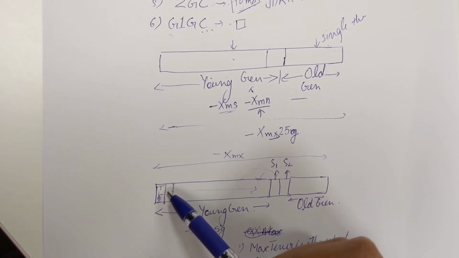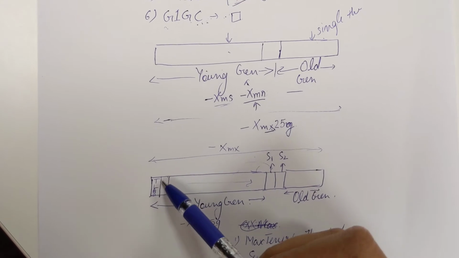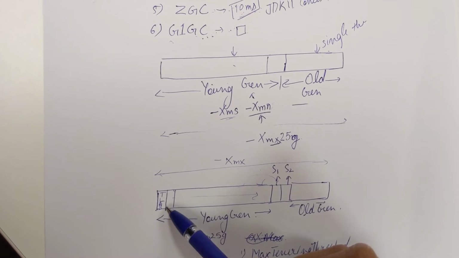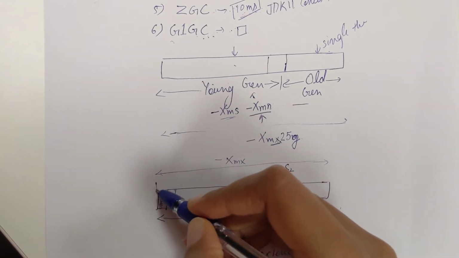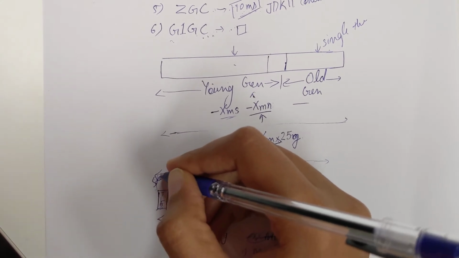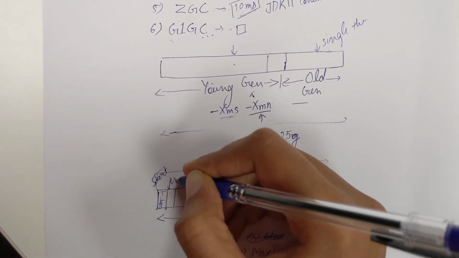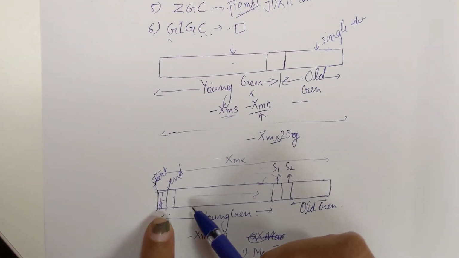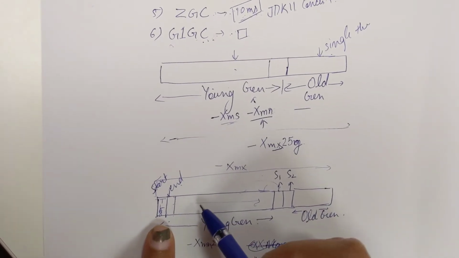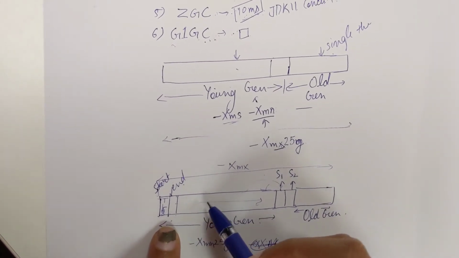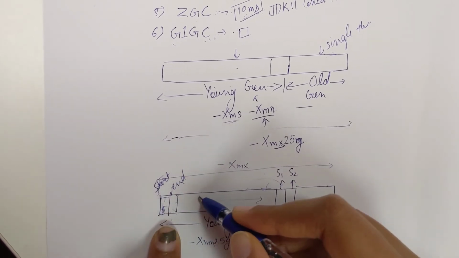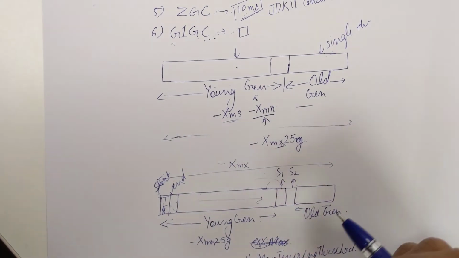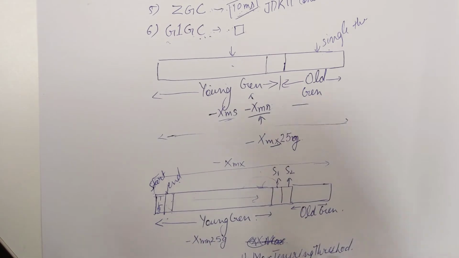Each thread independently allocates its data and variables in different sections, marked by pointers: this is the start pointer of this thread, and this is the end pointer of this thread. This is pre-decided, and then based on how the thread grabs memory or increases its memory size, the next time the TLAB size gets doubled and tripled, and so on.